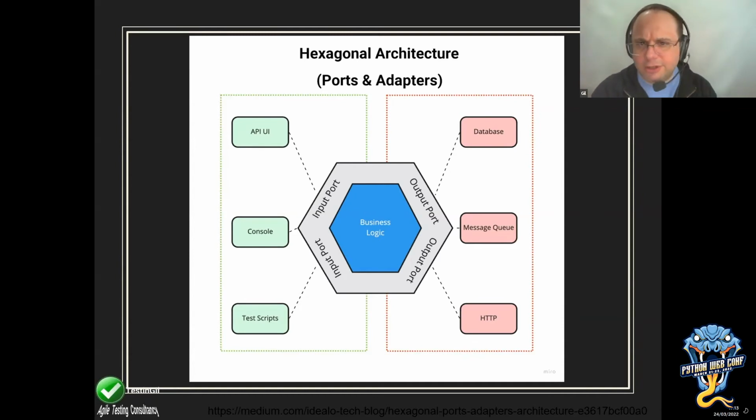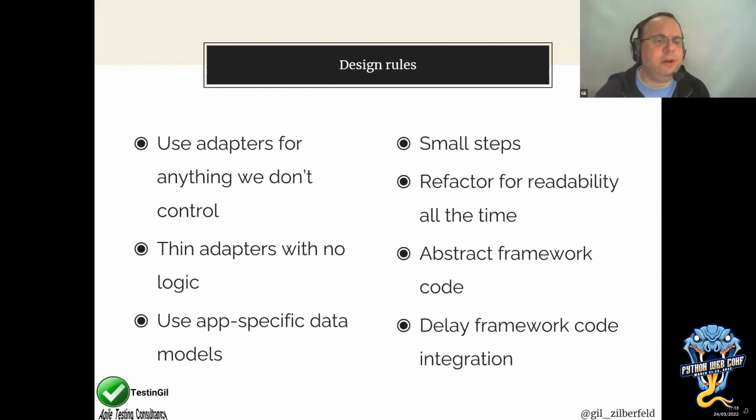To do that, we're actually going to go through an example that looks at something like that. So what are the design rules? We're going to use adapters for things that we can't control, and this example will show something that we can't control. One of the things that we probably want is thin adapters without any logic in them.